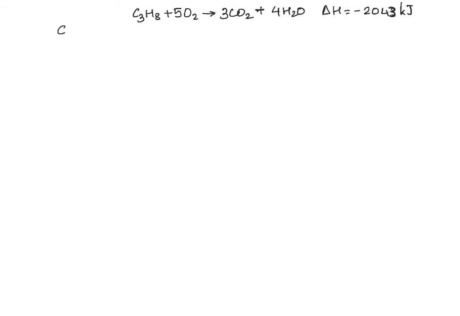Also given carbon solid, graphite, plus oxygen yields carbon dioxide gas. Delta H for this reaction is negative 393.5 kilojoules.